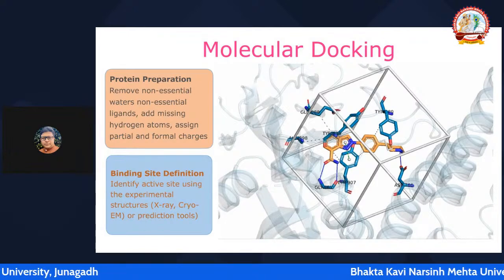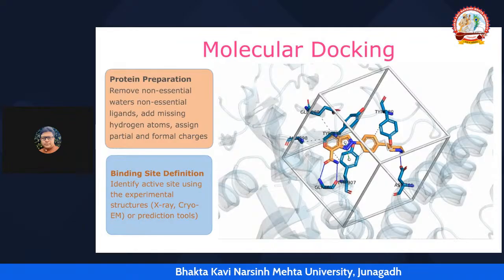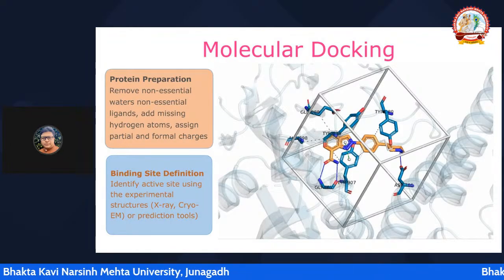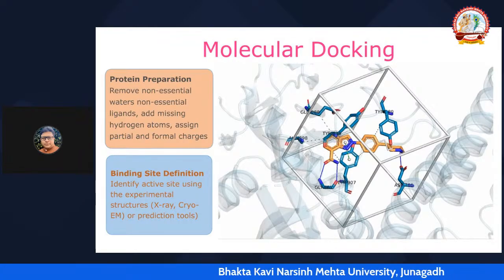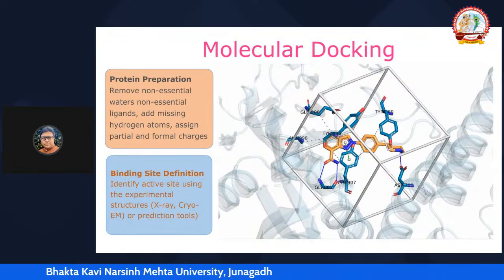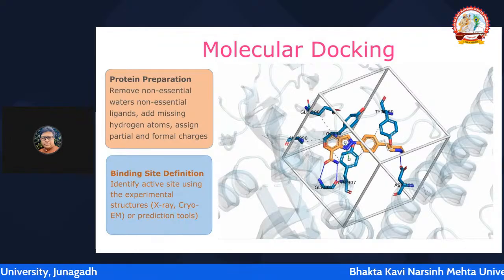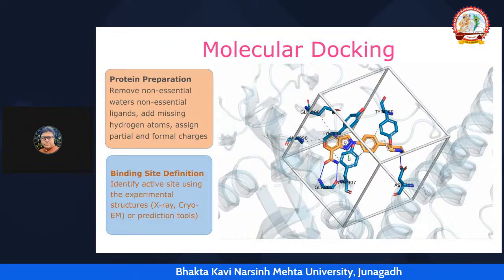Now, when we do protein molecular docking, we have to prepare the protein and we have to prepare the ligand for docking. In protein, normally we use the crystal structure, which is available in the Protein Data Bank, from where we can download the structure of the protein for docking studies.